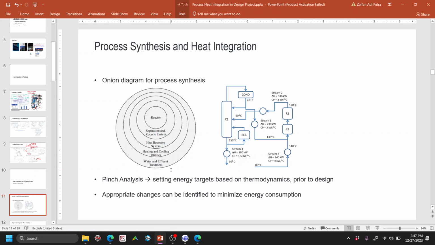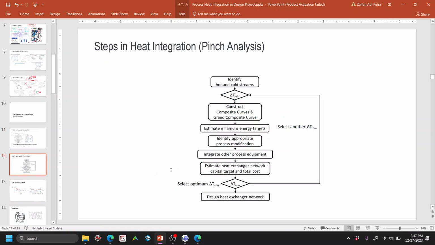So how much is the minimum of these two, without knowing what the detailed design looks like. That's the powerful information that we can obtain from this pinch analysis. Once we get the targets, we can move on through this grid diagram and design the heat exchanger network, to really go into details on how to design the heat exchangers to maximize the heat recovery. So that's basically the approach.